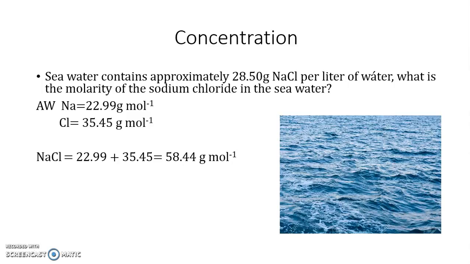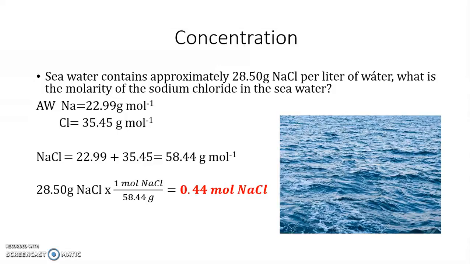For sodium, it will be 22.99 grams per mole, and for chlorine, it will be 35.45 grams per mole. Sodium chloride then will be the sum of both atomic weights, 22.99 plus 35.45. That will be a total of 58.44 grams per mole of sodium chloride.